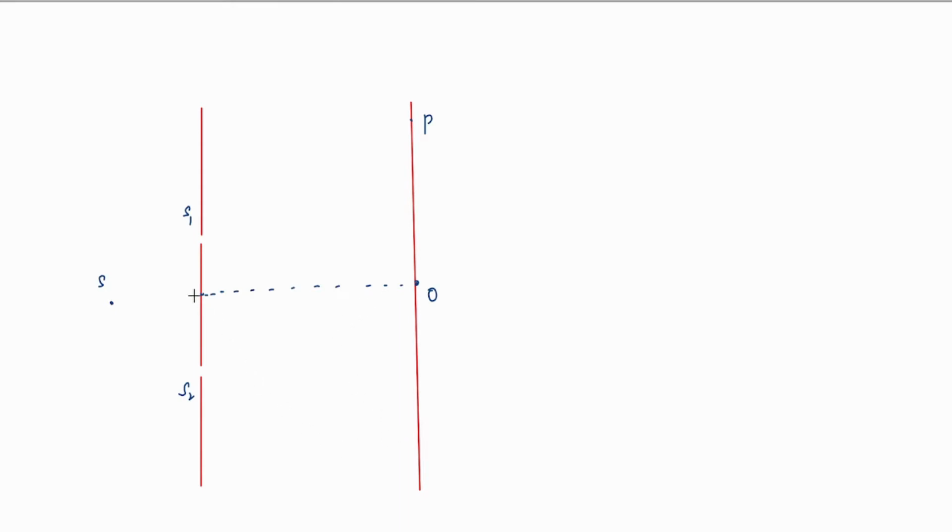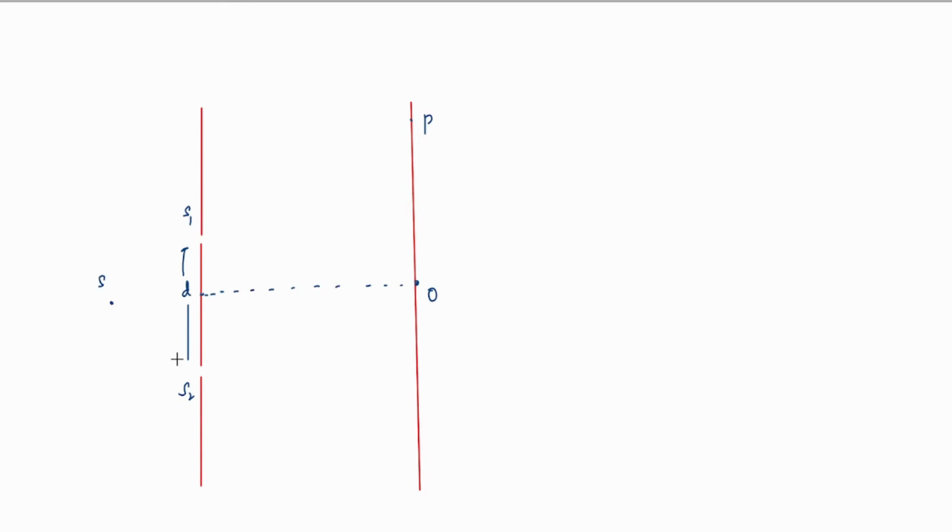Understand this. Let's first consider the distance between S1 and S2 as some d. So small d is the distance between the two slits, or the distance between the centers of the two slits.